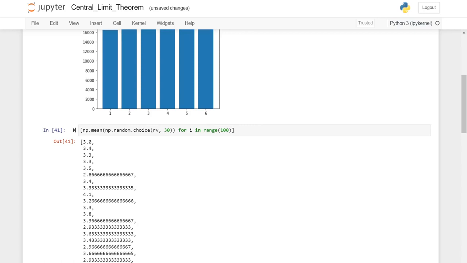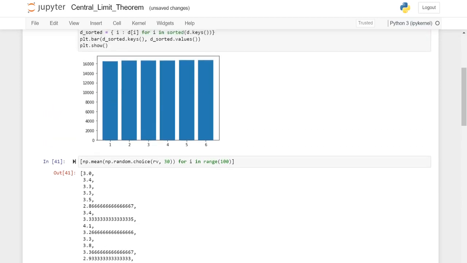Look, 2.9, 4.1. 4.1 is far more than 3.5, whereas 2.9 is less than 3.5, right? We have several means, but the majority of them are very close to 3.5.